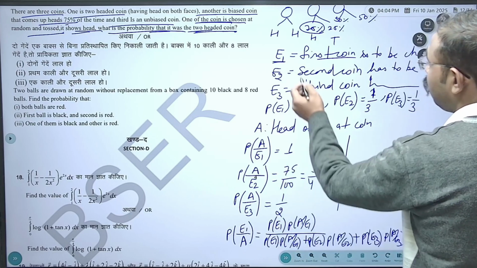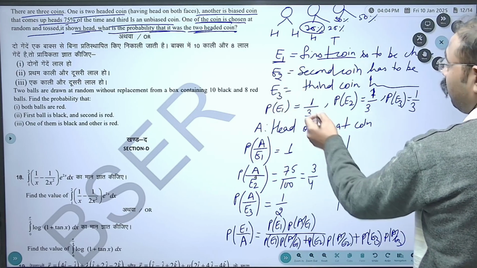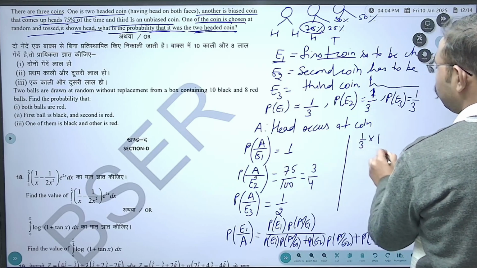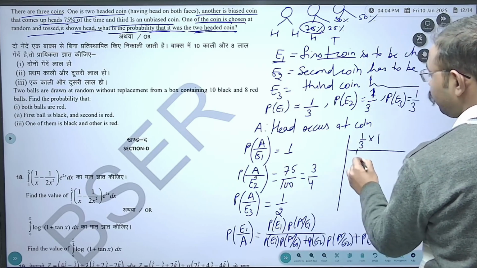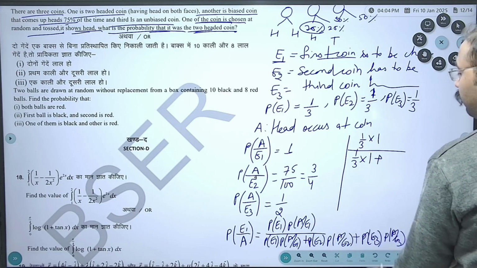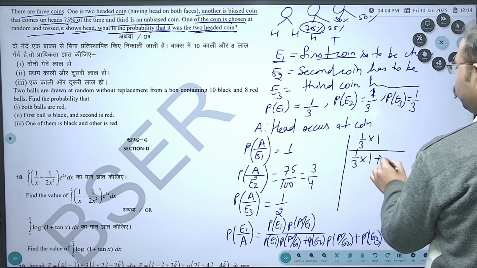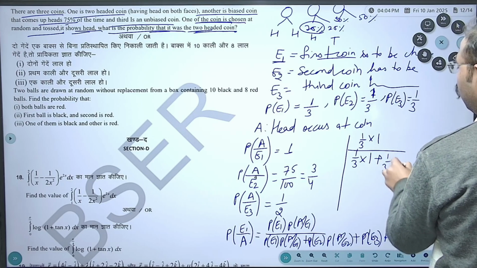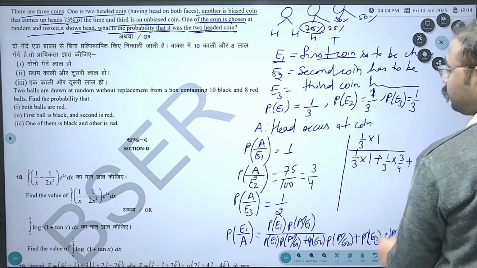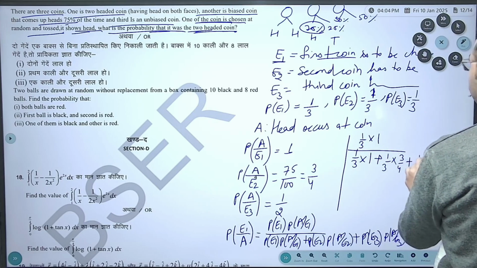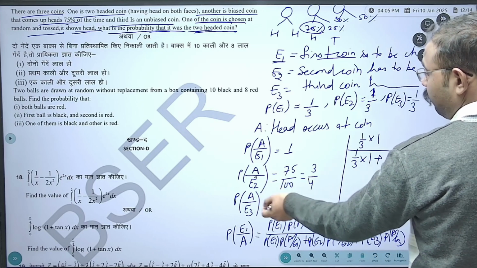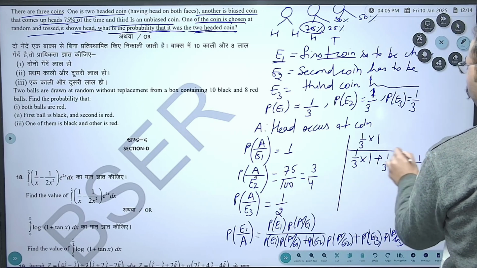P(E1), what is P(E1)? 1 upon 3 multiplied by P(A|E1), that is 1. Plus P(E2) is 1 upon 3 into P(A|E2), that is 3 upon 4, plus P(E3), that is 1 upon 3 multiplied by P(A|E3), that is 1 upon 2.